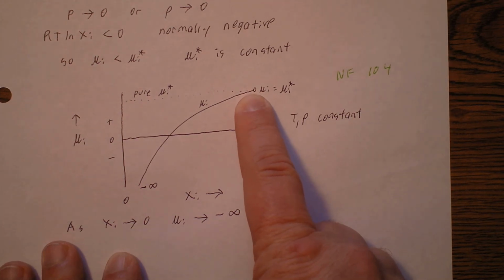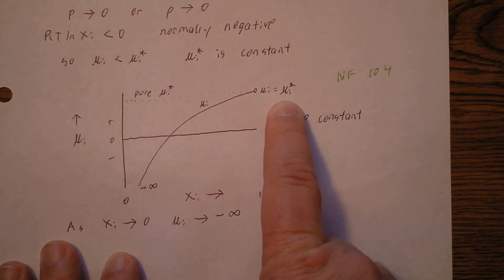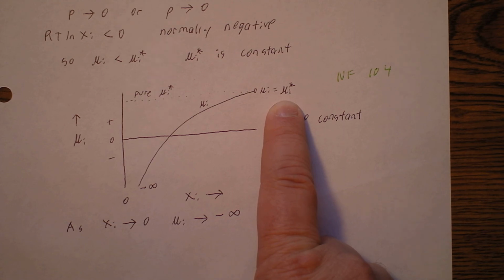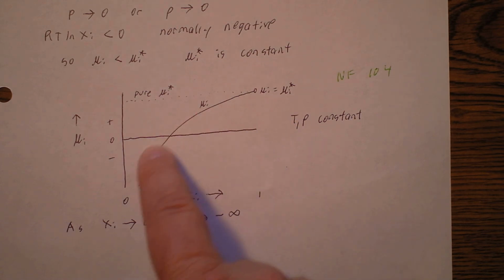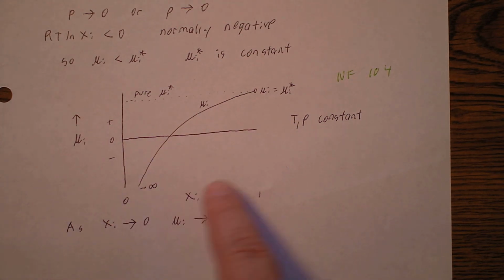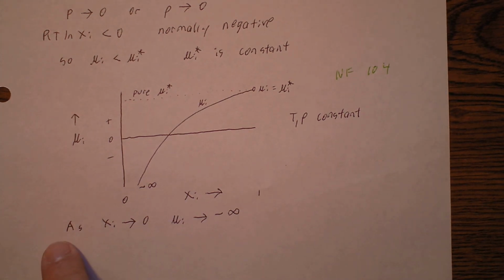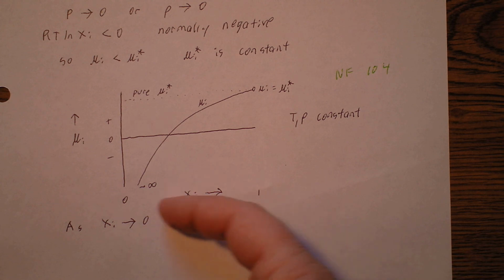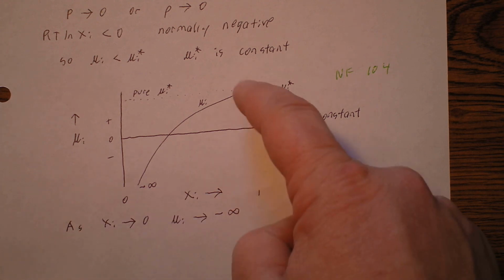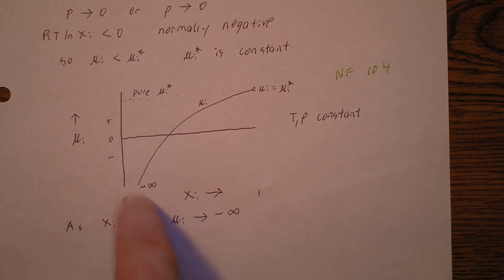And of course, for the pure substance, the chemical potential of substance i is equal to the unmixed chemical potential of substance i. But notice it's always lower. It's always down here. And of course, this graph is assuming temperature and pressure are constant. So what you should see here is that as the mole fraction approaches zero, the chemical potential of substance i approaches negative infinity.